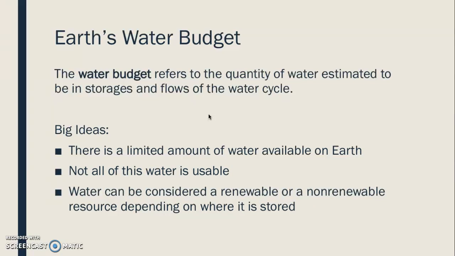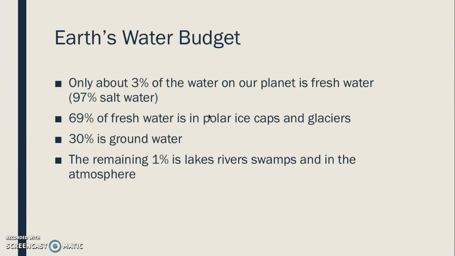What we have is what we got. Not all the water is usable. In fact, only a small portion of the water is usable for humans. And then water can be considered renewable or non-renewable, depending on your perspective and the amount of time it might take to recharge a certain zone. We'll look at that in just a minute.